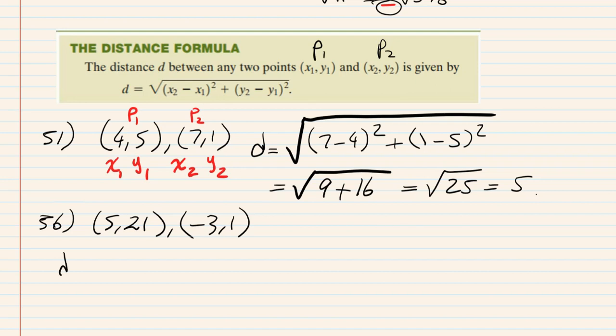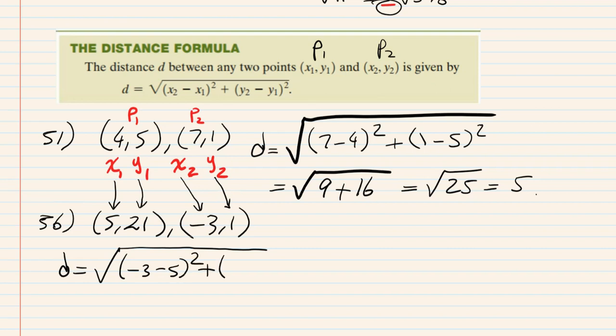So the distance would be, remember how we label these? I'm going to carry forward to these x1, y1, and x2, y2 now. So this will become the square root of x2 minus x1, which is negative 3 minus 5, squared, plus y2 minus y1 squared.